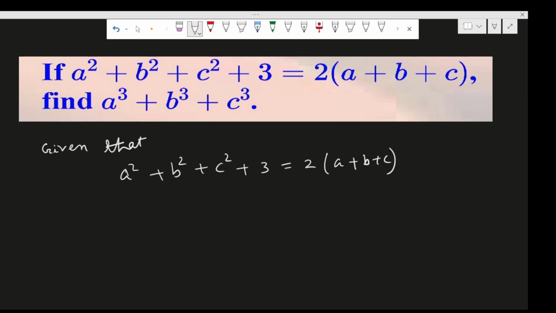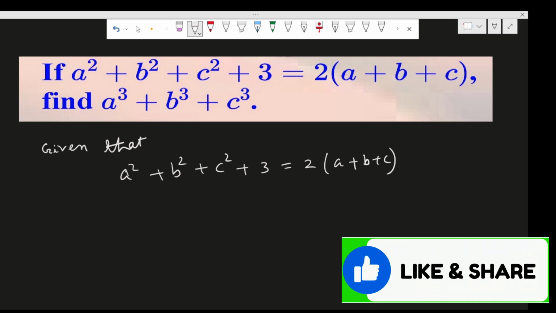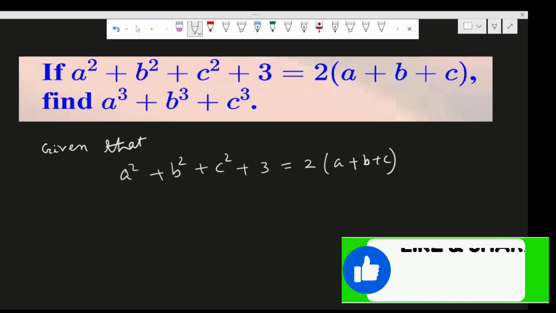Either we have to express this equation in terms of a cube plus b cube plus c cube, then we can find it if the others, that means the remaining terms, are constant. Otherwise, if we are able to find out the value of a, b, c, then we will put the values into a cube plus b cube plus c cube.